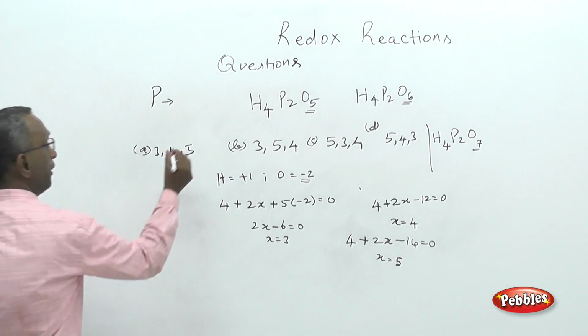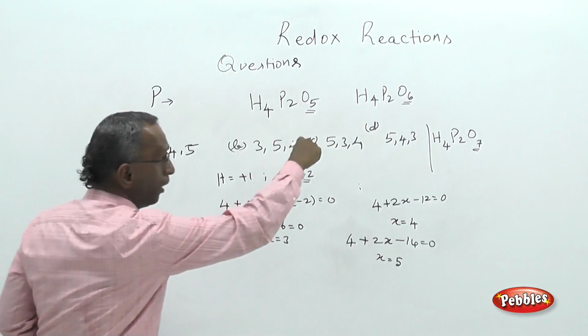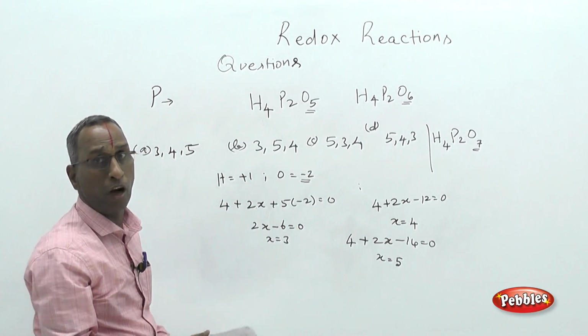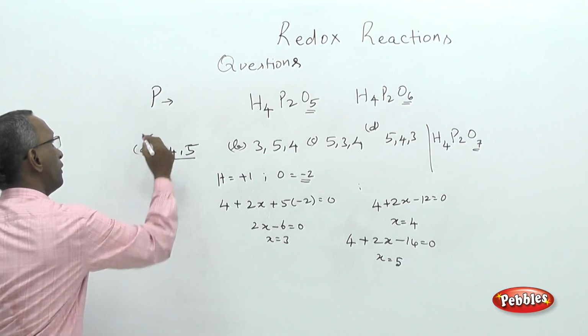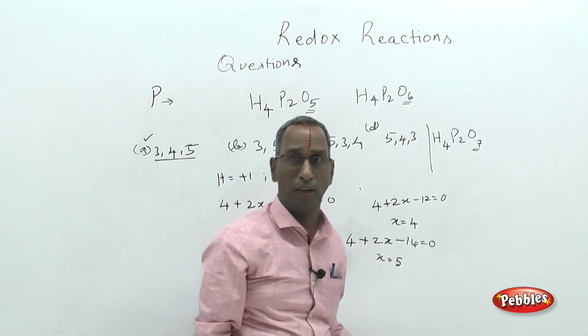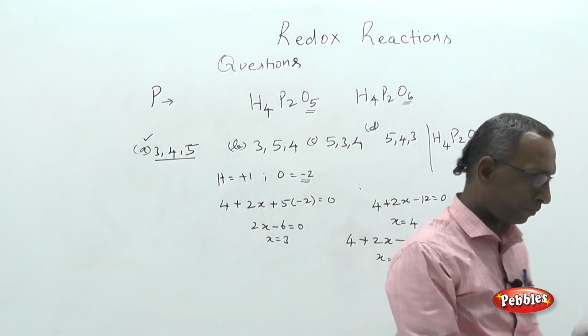All of 3, 4, 5 will be repeated in every choice, but in an erratic order, so we have to be careful in identifying. Here the first choice, A, 3, 4, 5, is the correct choice for this question. This finishes the analysis of the current question.